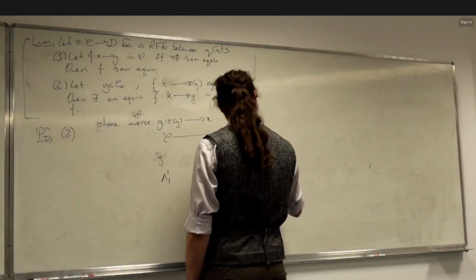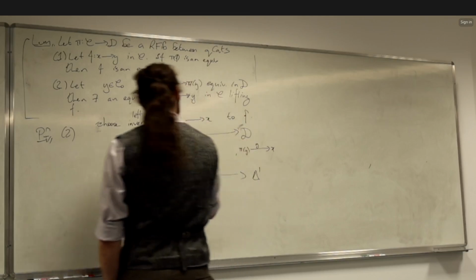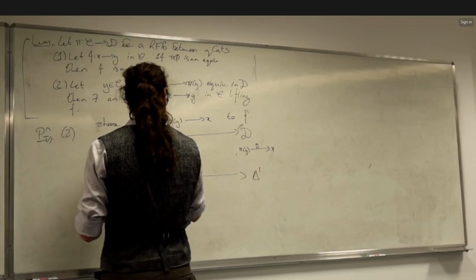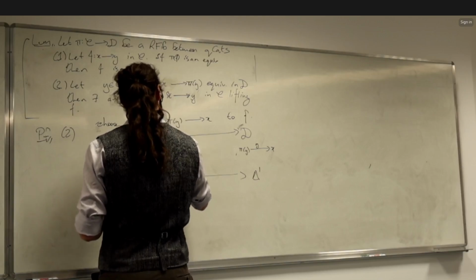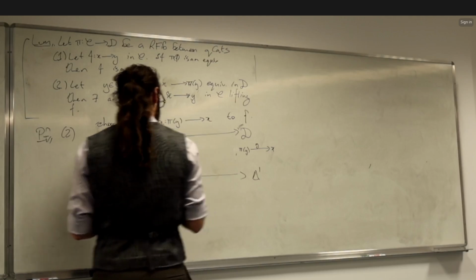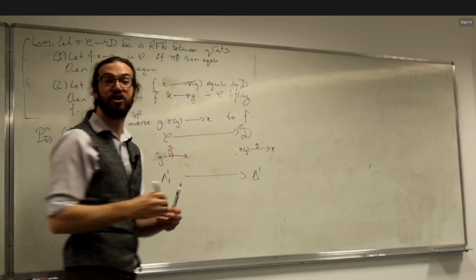This is delta 1. And so once again, we can solve the lifting problem to get g tilde from y to x, which lifts g.